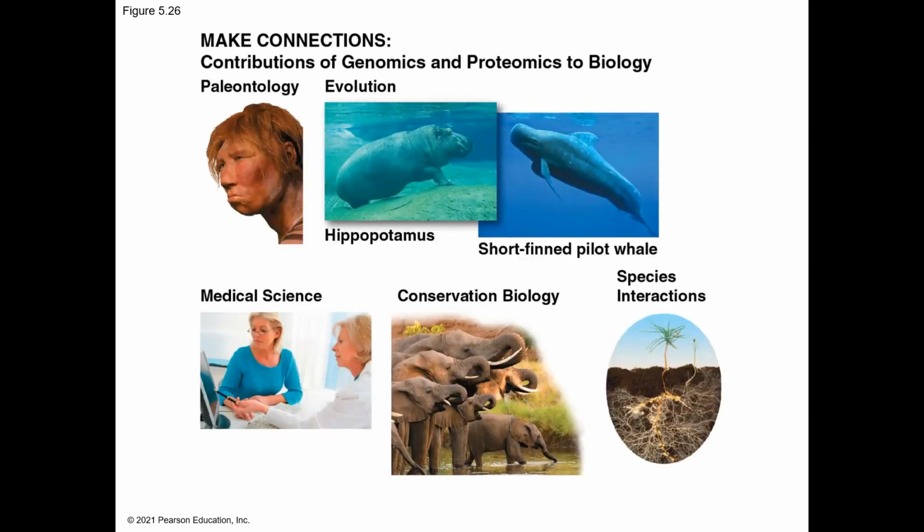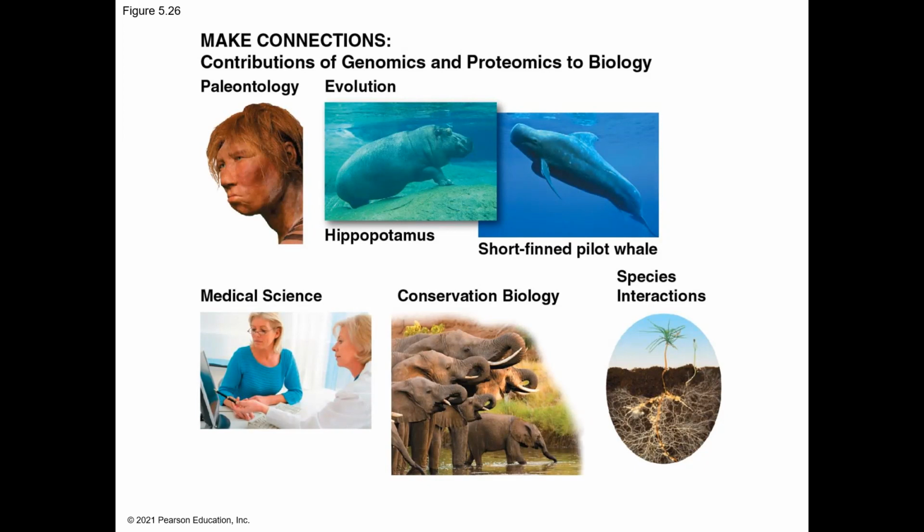And with this information, we're able to make connections. The contributions of learning whole genomes and learning about proteins to biology is that we're able to bridge gaps in paleontology. We're able to show evolution between species such as the hippopotamus and the short-finned pilot whale. We're able to make advances in medical science.